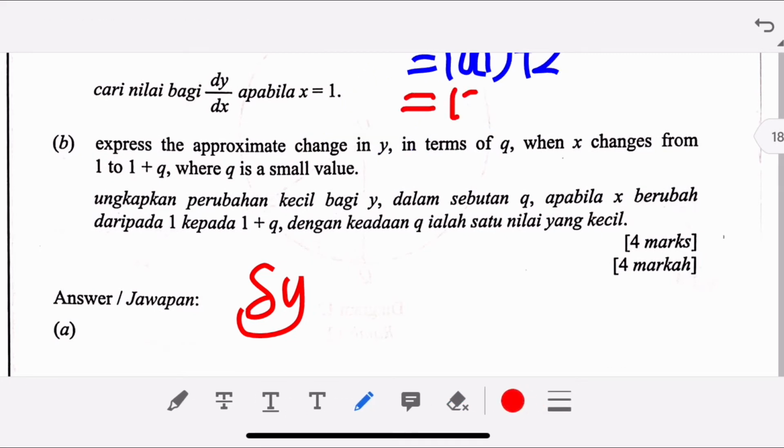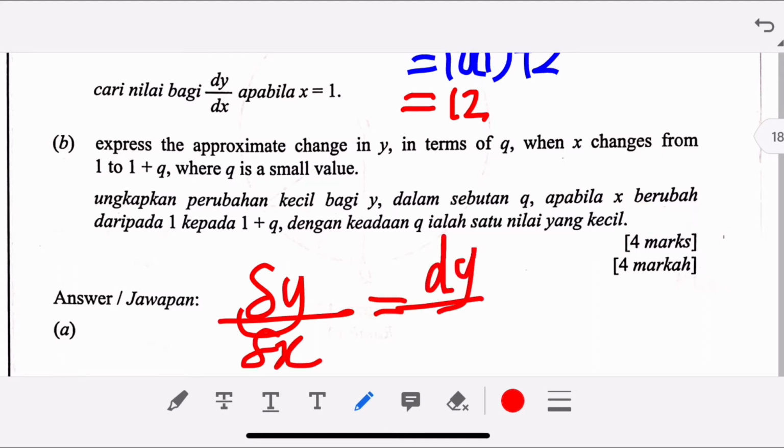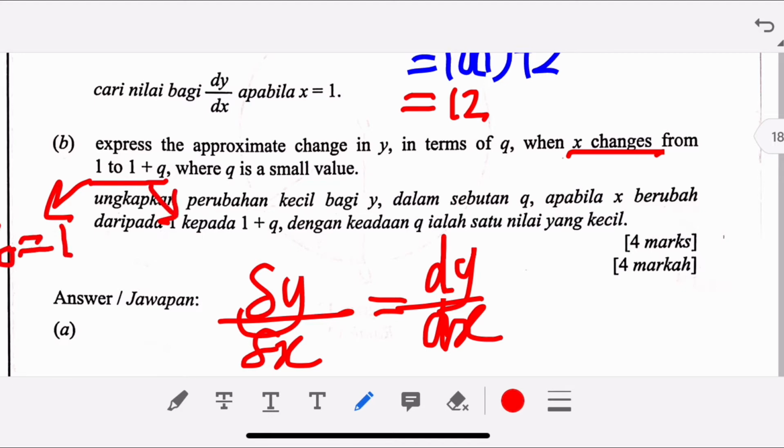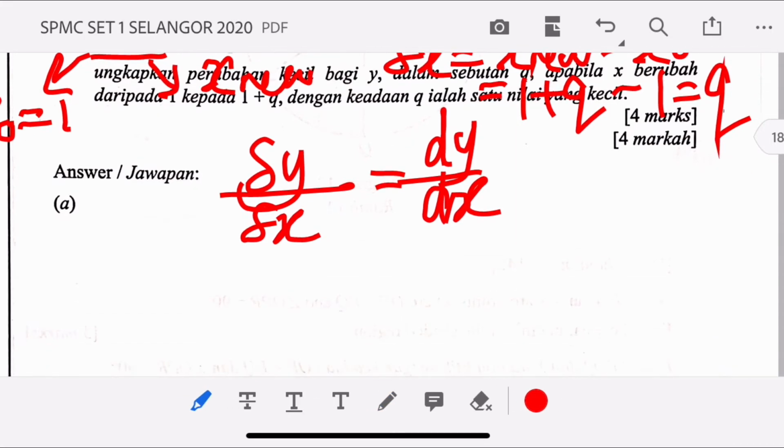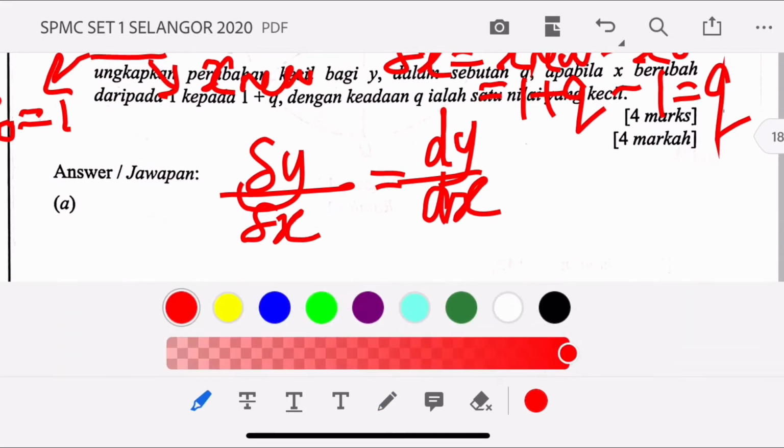So this is 12, and delta y over delta x is equal to dy/dx. And x changes from 1 to 1 plus q. This is x original. This is the new x. So the delta x is x new minus x original, which is 1 plus q minus 1. So the small change in x is q, right?